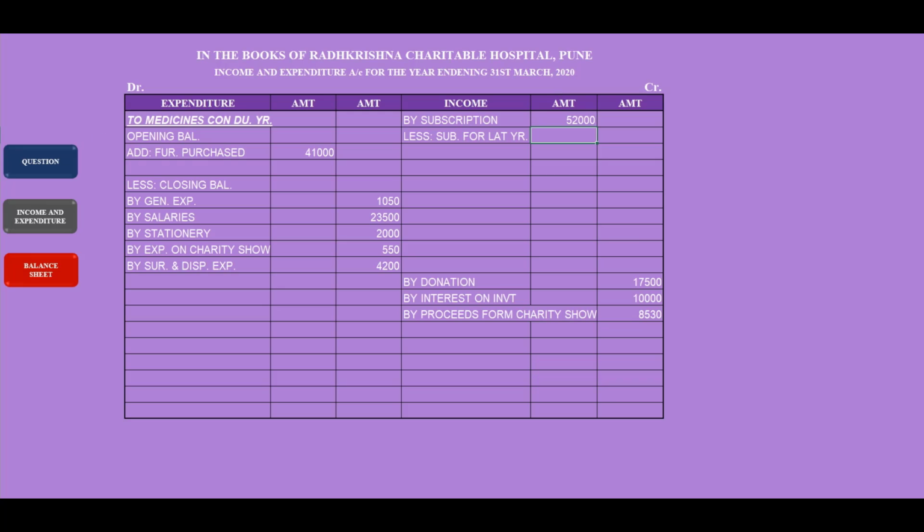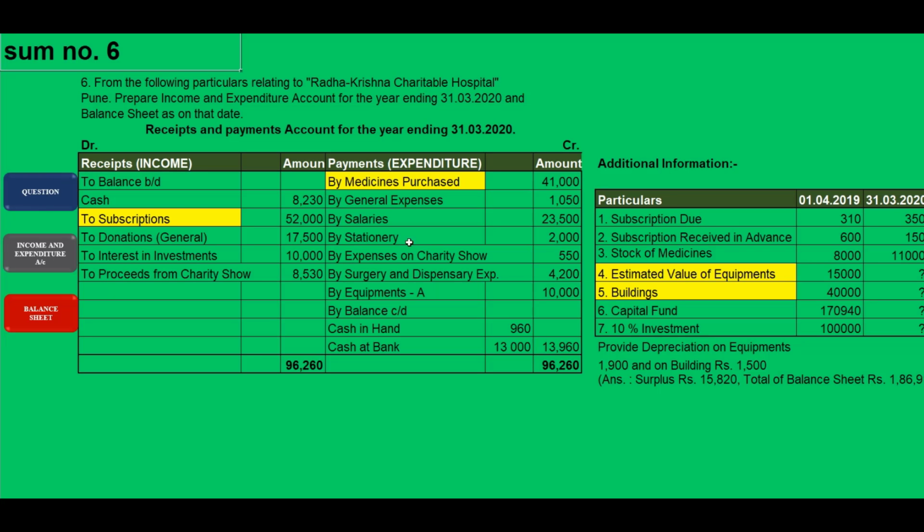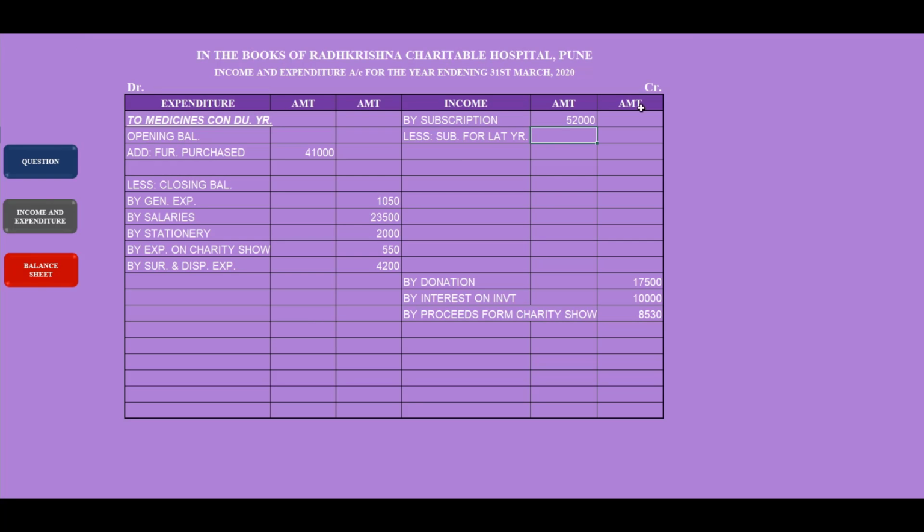How much is that? 310. So we will get 52,000 minus 310. Now we will add the current year subscription for the current year. 350 will be added.